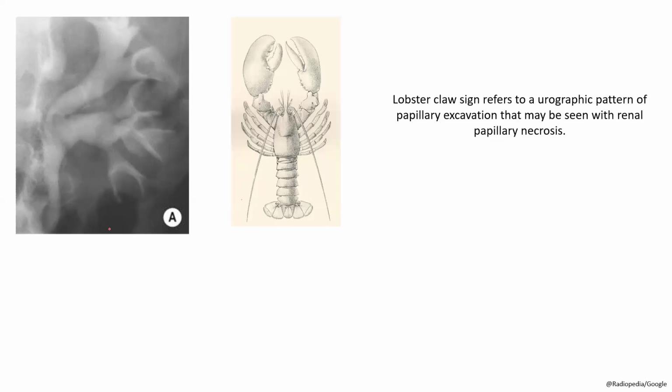Next case, what is happening here? This is IVP, and we are finding lobster claw sign, which is a typical urographic pattern of papillary excavation that is seen in renal papillary necrosis.